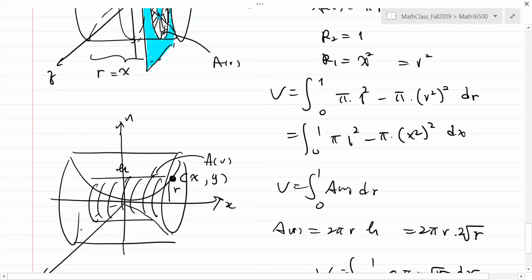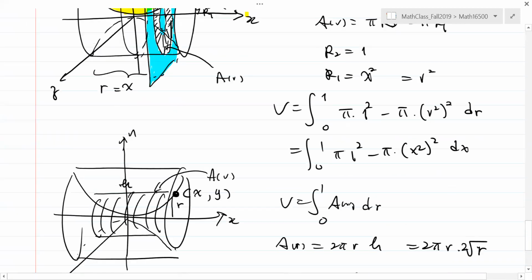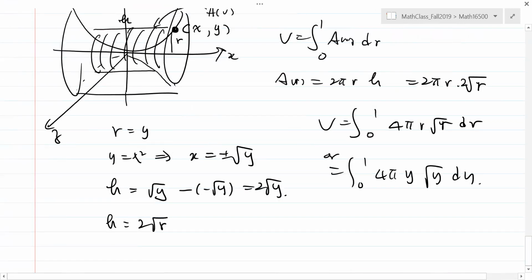So we have two different ways to express. On the final exam, you are given the region and it is rotated about the y-axis or x-axis. You will be asked to set up two integrals for the same solid, period. That's the reason you need to understand both. You cannot just memorize a very specific formula.